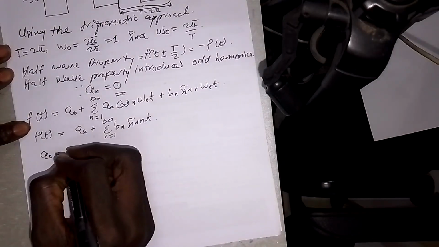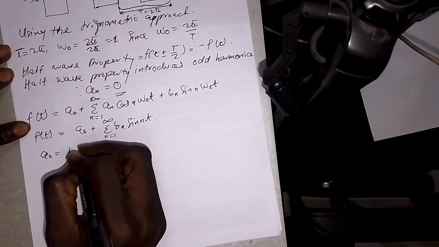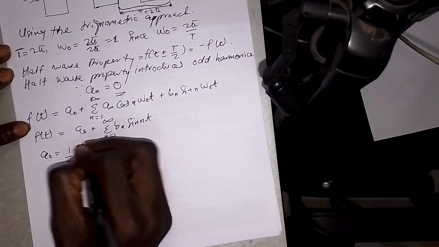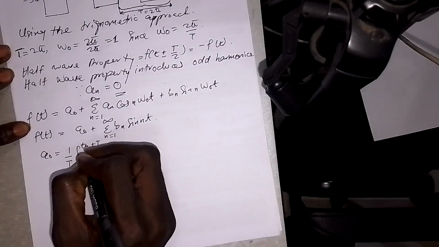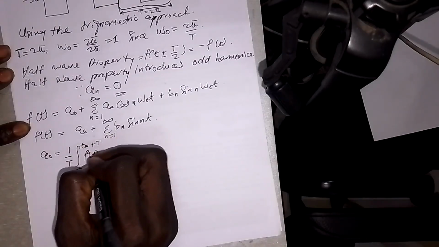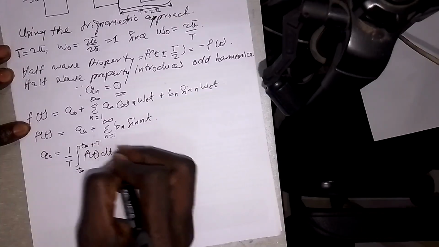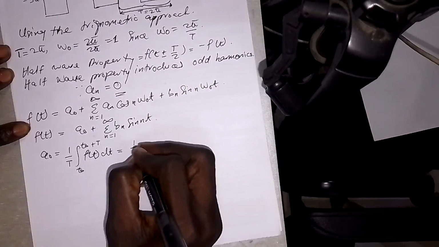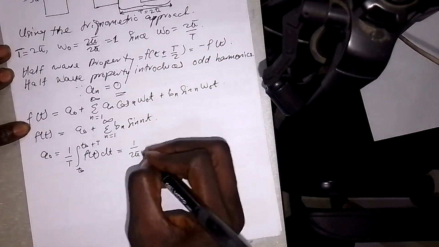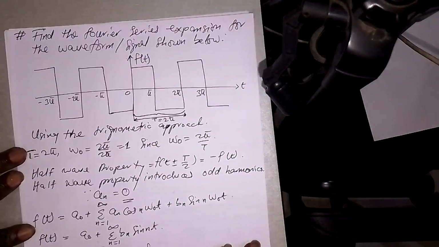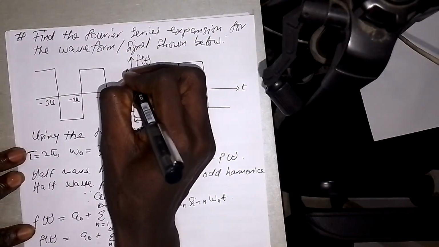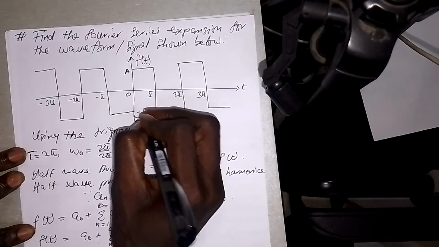So now here, a naught is equal to 1 over T, integral from t naught to t naught plus T of f of t dt, which is equal to 1 over 2 pi, because my period is 2 pi, into what? Here is A, and here is minus A, right?